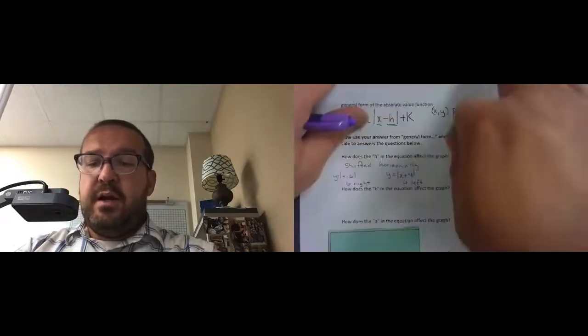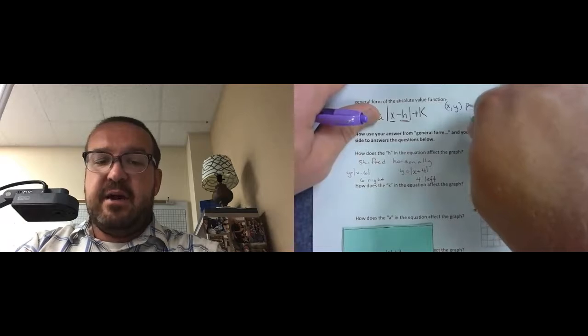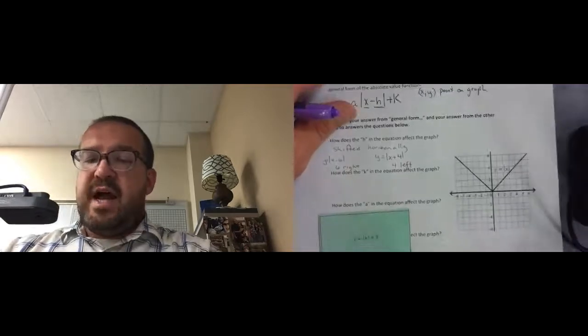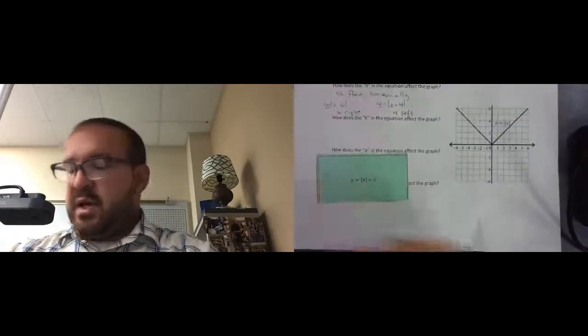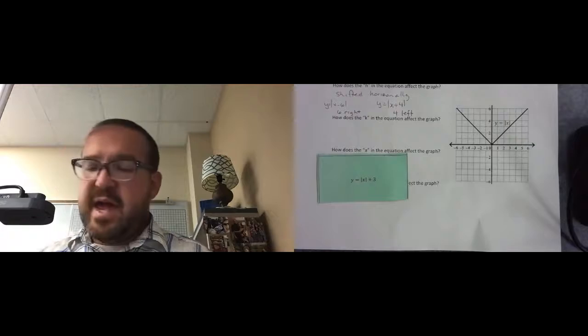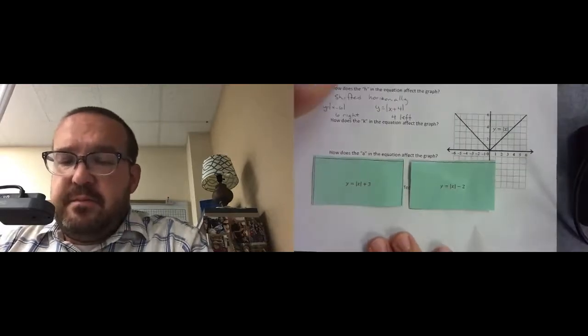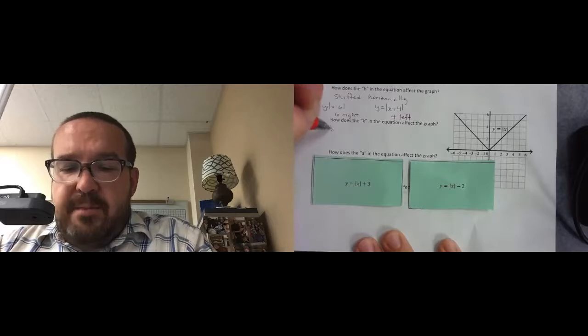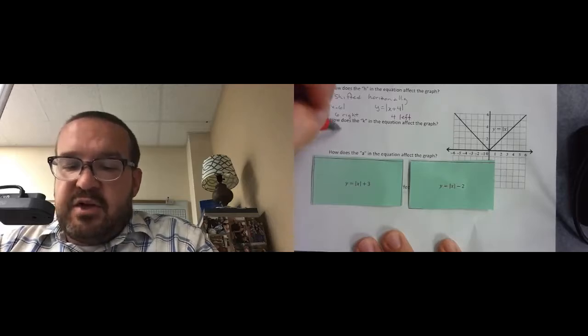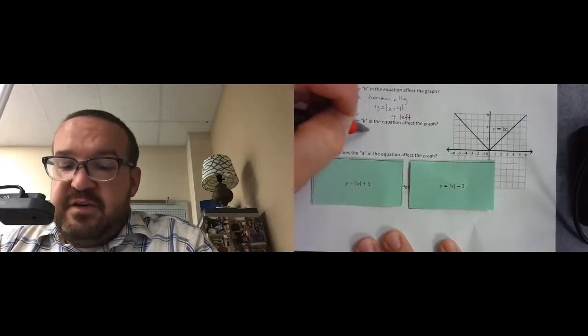The next one is K. The K didn't have a horizontal shift, but it had some type of shift: it shifted vertically.